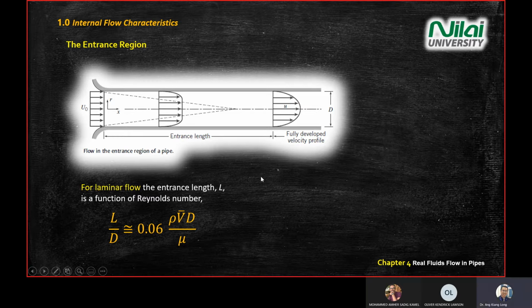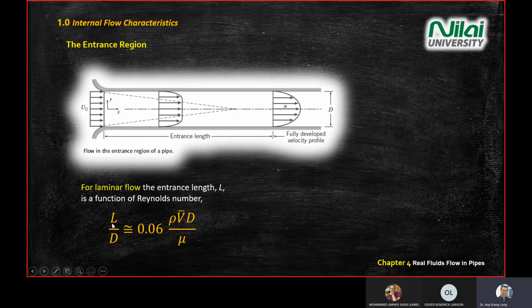For laminar flow, there is a number that you can always focus on. If you have a laminar flow with the entrance length of L, you can write it in terms of Reynolds number. Again, recall what is Reynolds number: Re equals rho V d divided by mu.